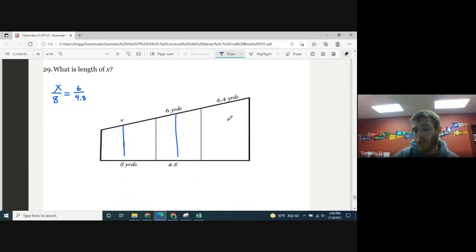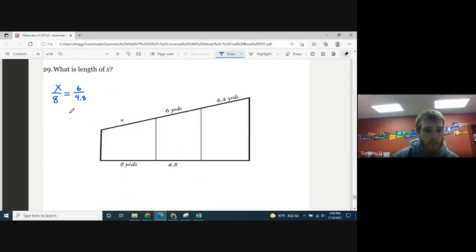Here this 6.4 is not needed, so this is unnecessary information. But we could do the problem perfectly fine without it. If they gave you this length sitting across, then you could use it, right? But since they don't give you that length, we won't be able to use it.